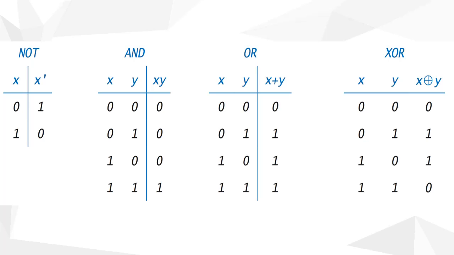Next, we check if 5 is greater than 10 and 5 is greater than 2. The condition 5 greater than 10 is false, but 5 greater than 2 is true. That is 0 and 1. If we multiply 0 and 1, it produces 0. Similarly 1 0 equals 0 and 1 1 equals 1.